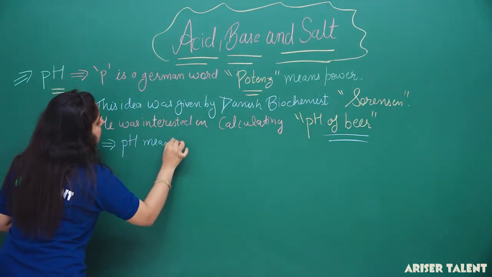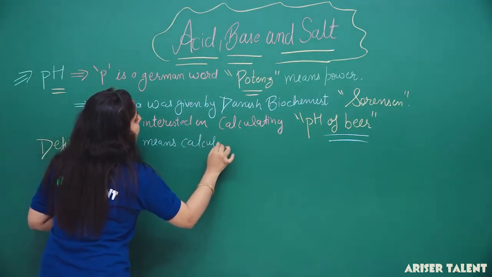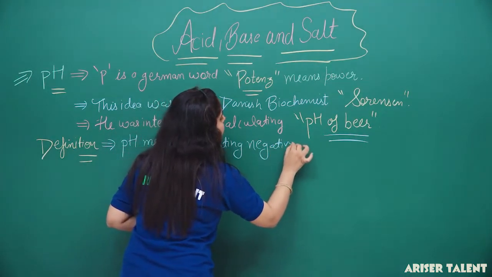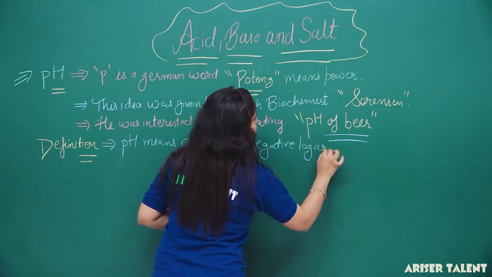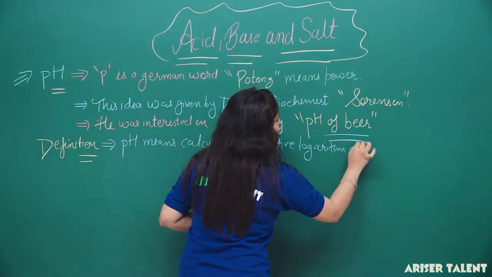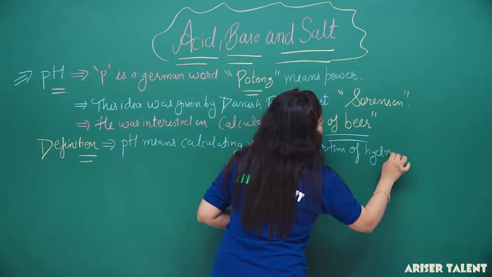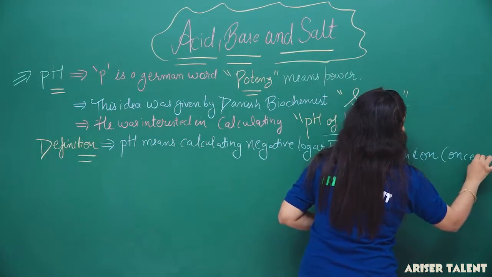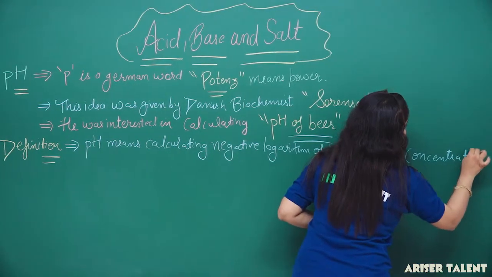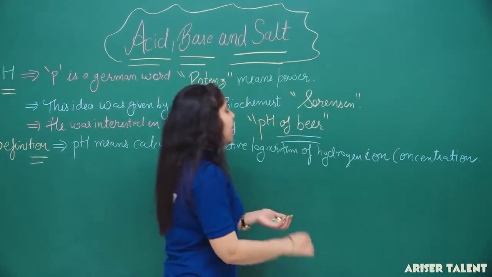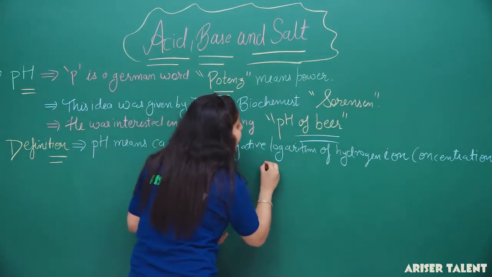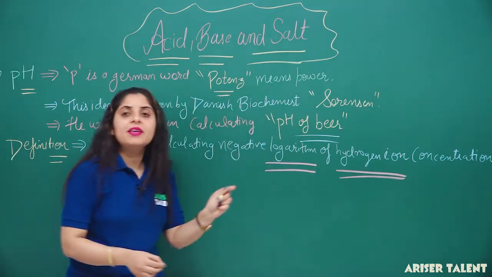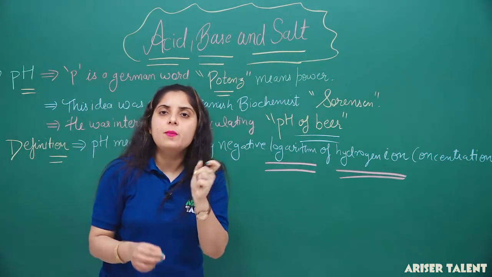If in the solution we are interested in calculating the negative logarithm of the hydrogen ion concentration, we can say that we are calculating the pH of a particular solution.